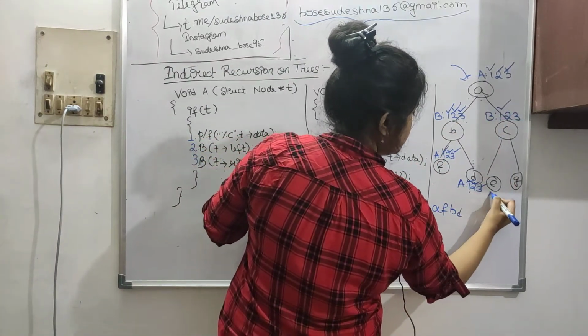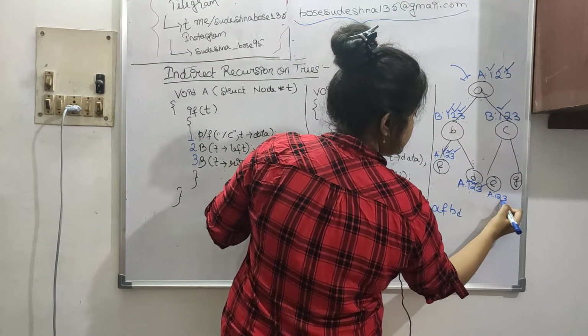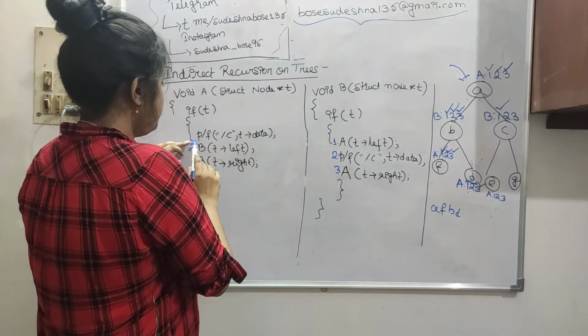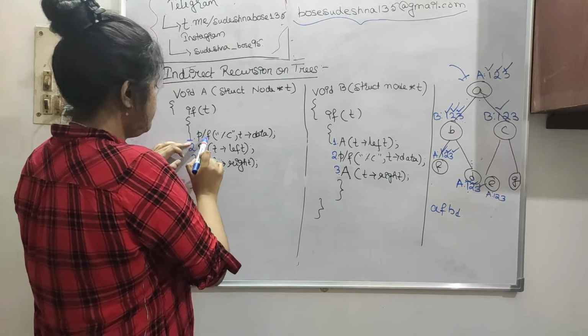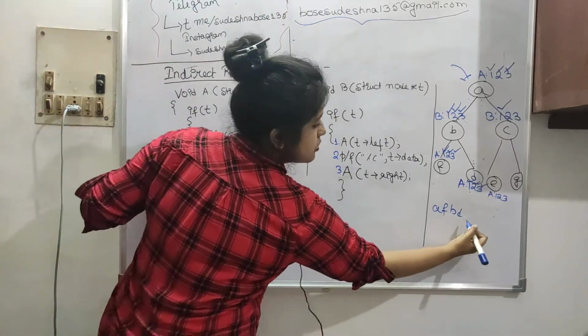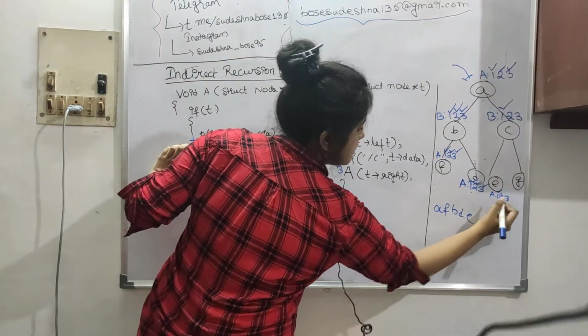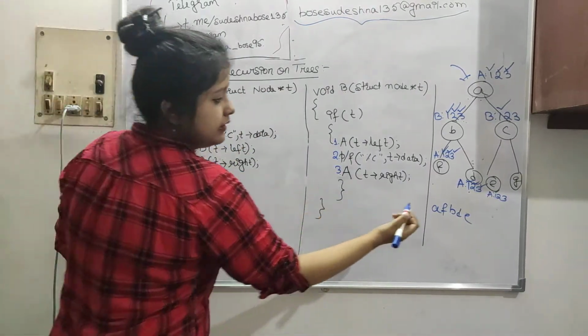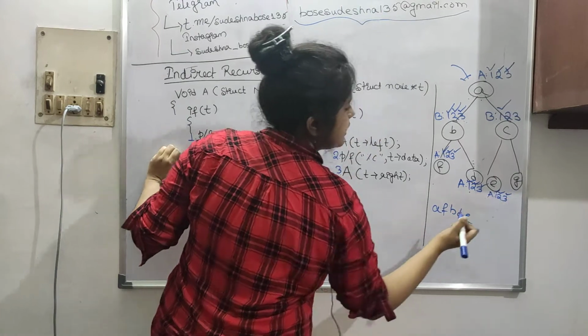So here we have to do 1, 2 and 3. In E we have A of 1, which is printf T arrow data. So E is printed, put a tick mark here. Number 2, T arrow left, T arrow right on B, nothing is there. So just put a tick mark.